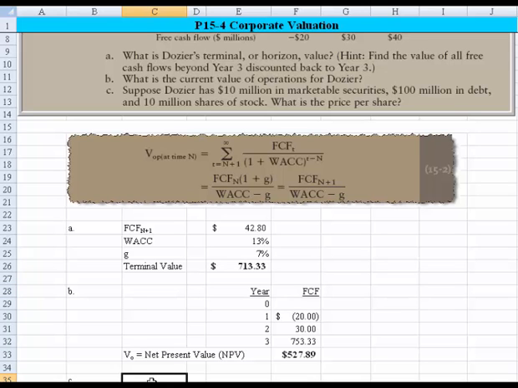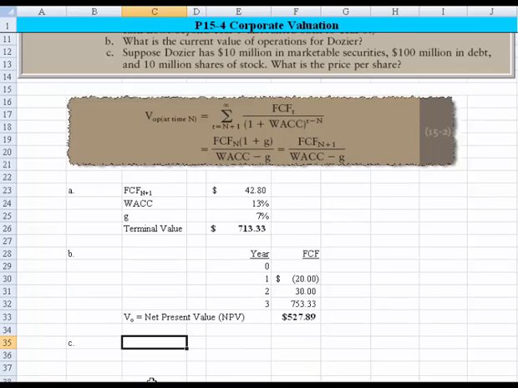Now let's tackle Part C of this problem, and it says, suppose Dozier has 10 million in marketable securities, 100 million in debt, and 10 million shares of stock. What would be the price per share? Let me slide up a little bit. I think if I show the work here, what we need to do is list these items.